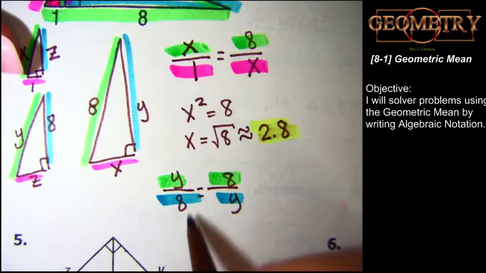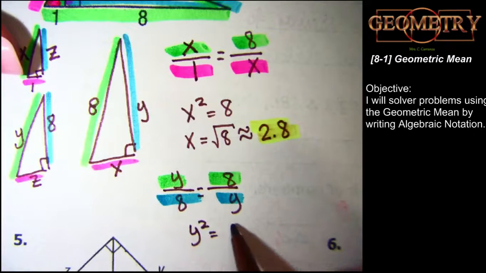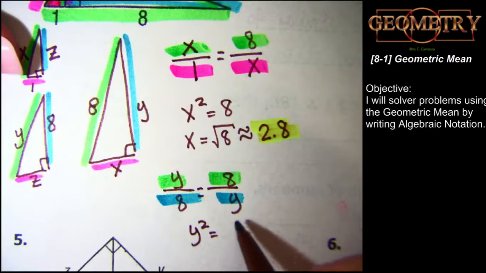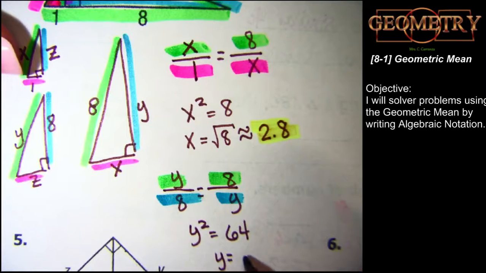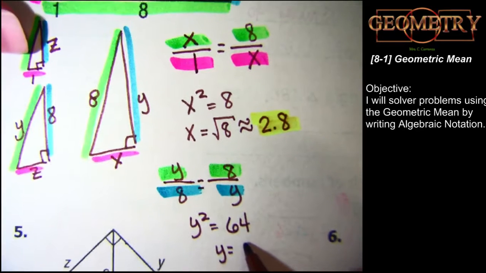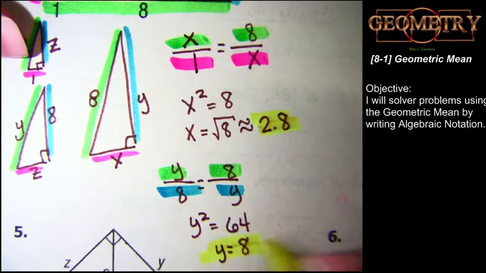Okay, so y squared equals 8 times 8 is 64, and I heard that from like 3 different people, thank you. And then y is the square root of 64, which is 8. Oh, that one gave me a whole number.